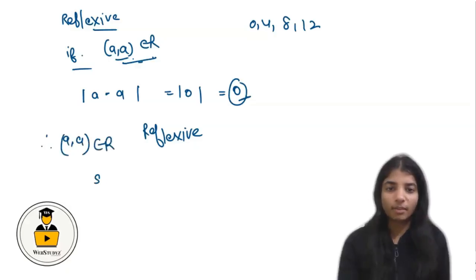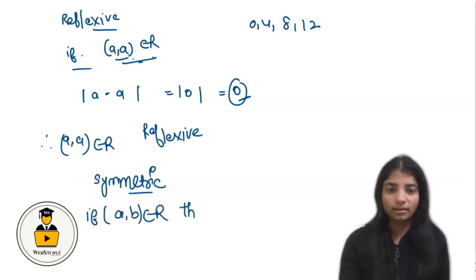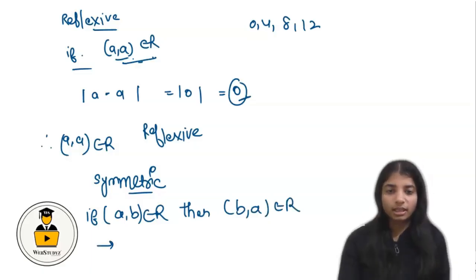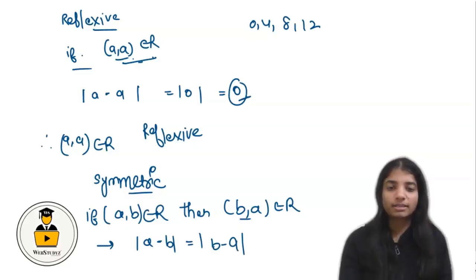Now we are considering the condition of symmetric. The condition of symmetric is that if (a, b) belongs to R, then (b, a) also belongs to R. So let's say mod of a minus b is a multiple of 4. So we take mod of a minus b and the other is b minus a. Mod of a minus b is also equal to mod of b minus a, because let's say a is any number.